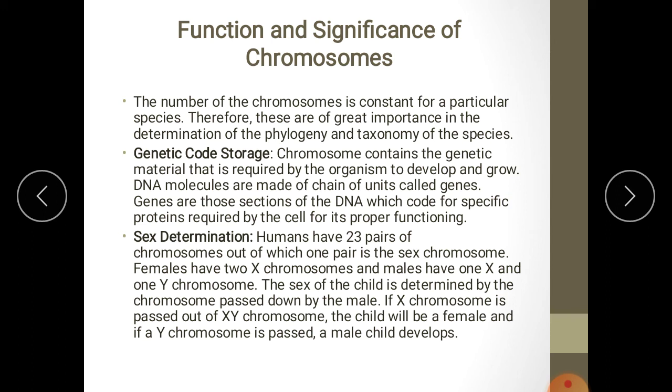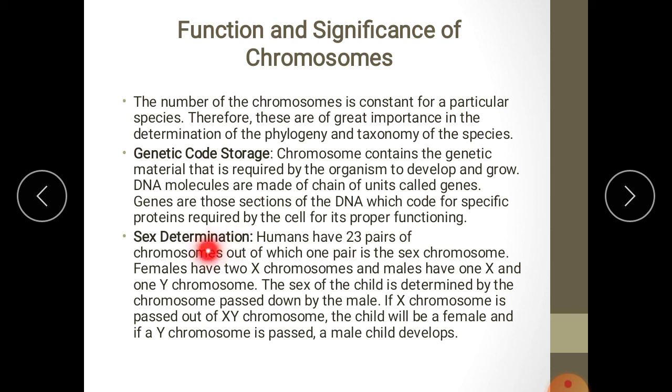So in the case of human beings, males produce two types of gametes, X carrying and Y carrying sperms. Females have only one type of gamete. All eggs have only one sex chromosome, that is X. If a Y carrying sperm fuses with an X carrying egg, the resulting child would be male. If an X carrying sperm fuses with an X carrying egg, the resulting sex would be female.